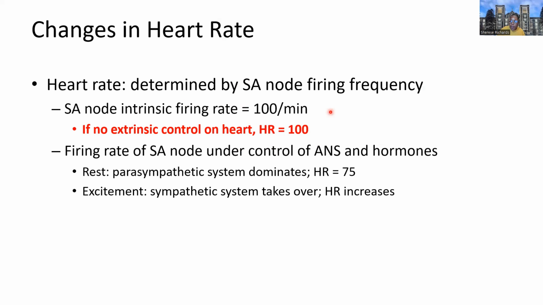However, in our body, under the influence of our autonomic nervous system, specifically the parasympathetic division of that, as well as hormones, that rate comes down to about 75 beats per minute, which is our resting heart rate. Okay. We also want to remind ourselves that we can have a balancing act here. During periods of rest, we're at 75, but if we're excited, exercising, that can go up to 100 as well under the sympathetic influence.